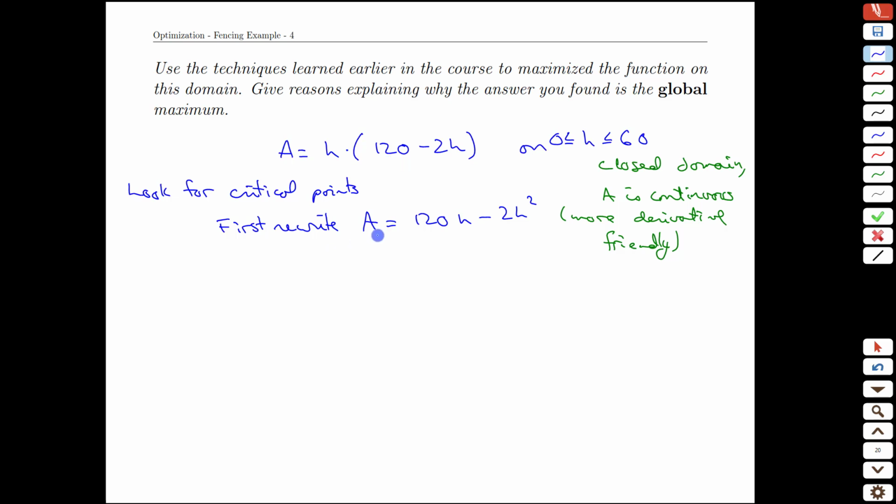So we've got A, and then we can find the derivative of that with respect to h, our variable here, or if you like, using prime notation, you can use A prime. If h is our variable, our derivative is going to be 120 minus 4h. And that gives us the rate of change of the area as we dial up or down the length of the sides of the fence that we're building.